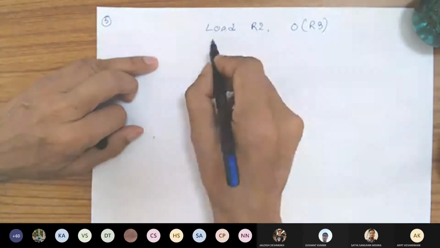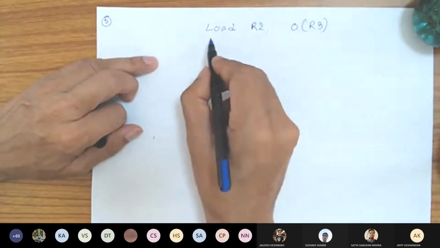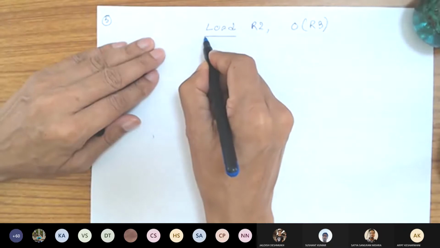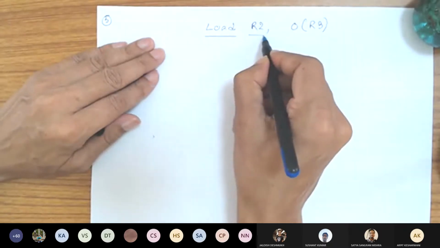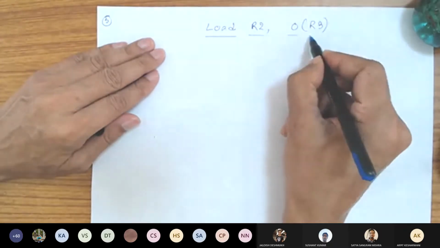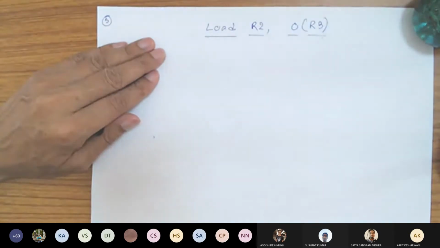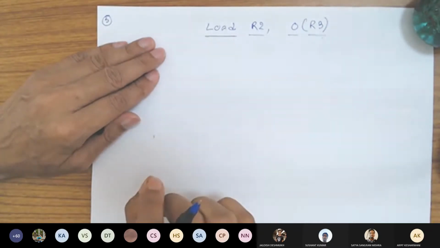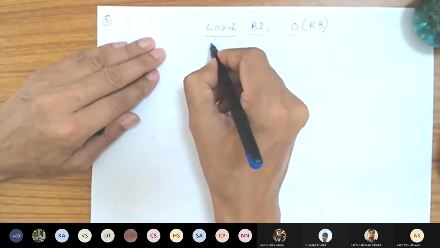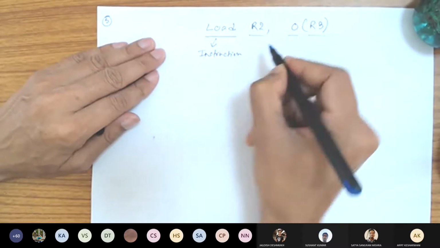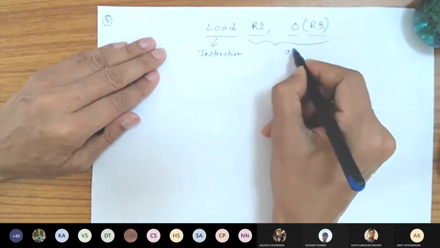But that ensures that you have a standard load format. The load instruction is now standard: the instruction name, then destination, then an offset, then source. This format we want to make uniform for all load instructions in a RISC 32-bit processor. This is the instruction and these are operands.